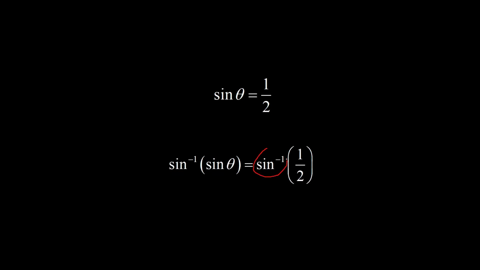So notice I'm going to take the inverse sine of both sides. Now, on the left, this is where the property of inverse functions comes into play, because when you take the function and stick it into the inverse, that answer will always be whatever the variable letter is. In this case, theta.